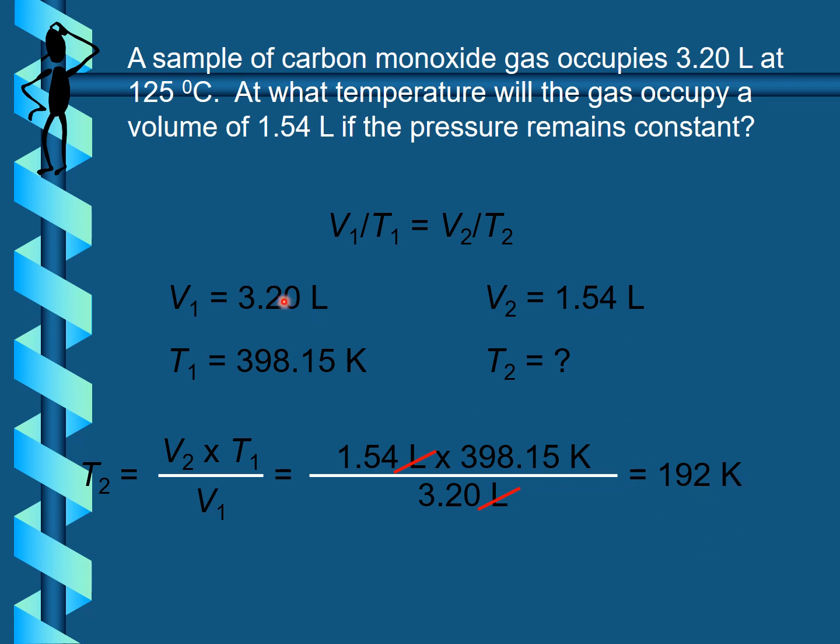You will observe that the volume is decreased from 3.20 liters to 1.54 liters. Okay, so it was decreased. So you would expect that the temperature will also decrease because volume and temperature are directly proportional.